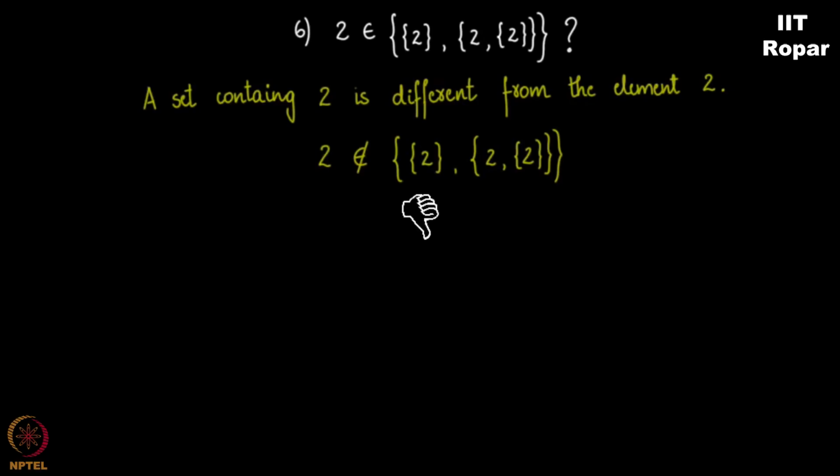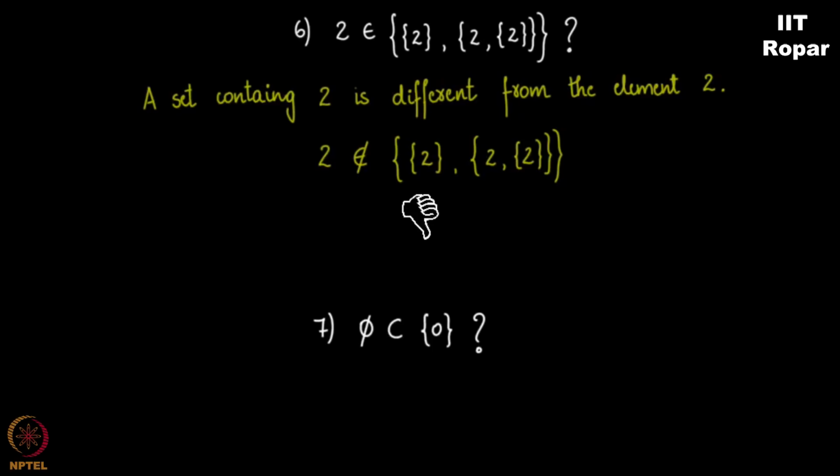Look at this question. Is empty set a subset of a set containing 0? Now, if someone were to ask, does empty set belong to a set containing 0? I would say no, that's not true. But all that we are asking here is if an empty set is a subset of a set containing 0.